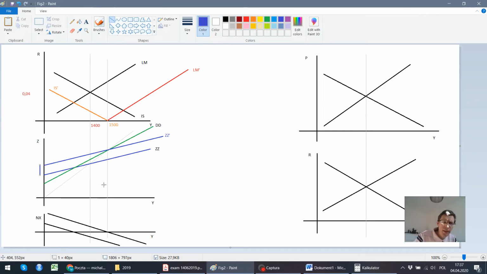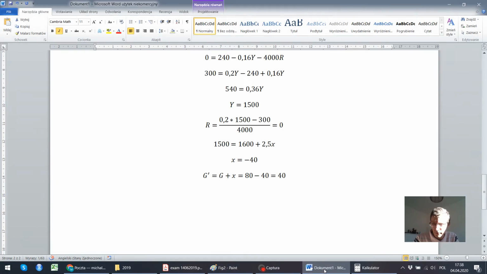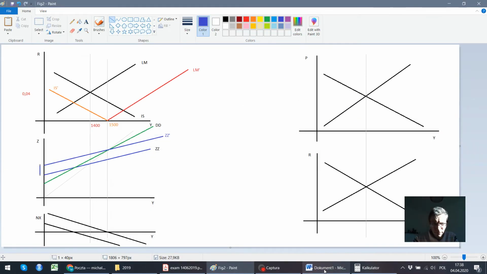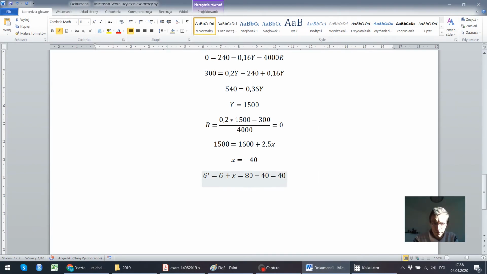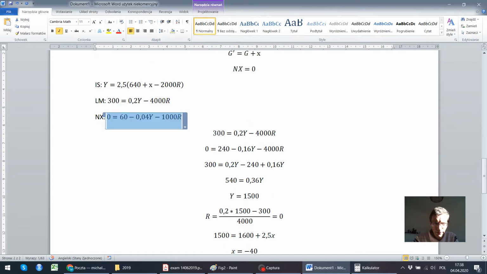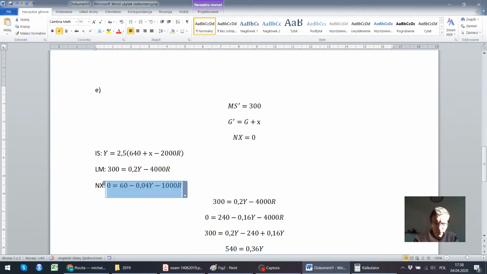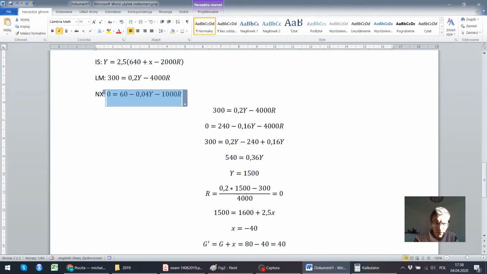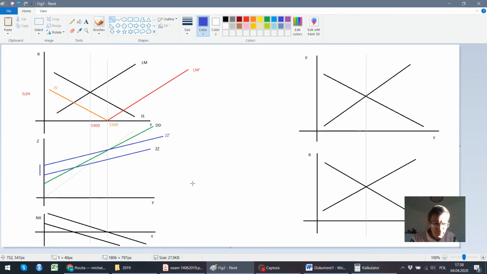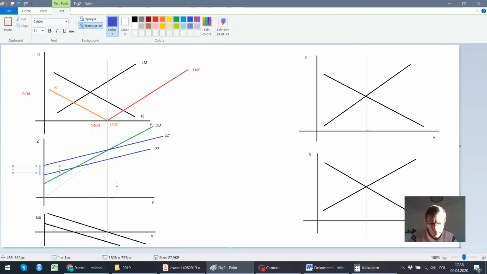It is correct, yes. The change in exports, all right? Let me just double check it. Okay, correct. So this is delta G, which is negative in our case, plus delta X.